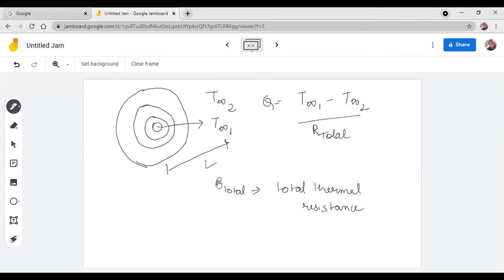We can express this as the sum of the resistance because of convection 1, plus conduction through the cylinder at surface 1, plus at surface 2, plus at surface 3, plus convection on the outermost surface.